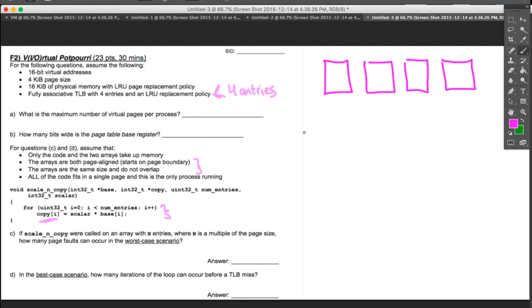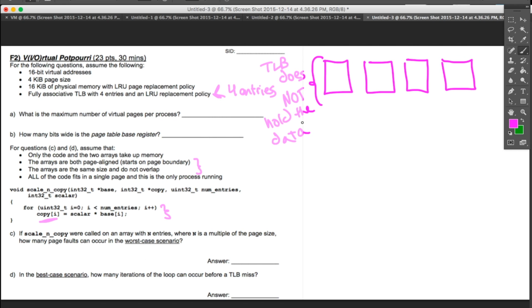However, I'm going to draw the data corresponding to each TLB entry, as I feel it's a significantly easier way to approach these problems. But it's important to keep in mind that the TLB might have metadata like permission bits or the mappings, but it doesn't have the actual data values.